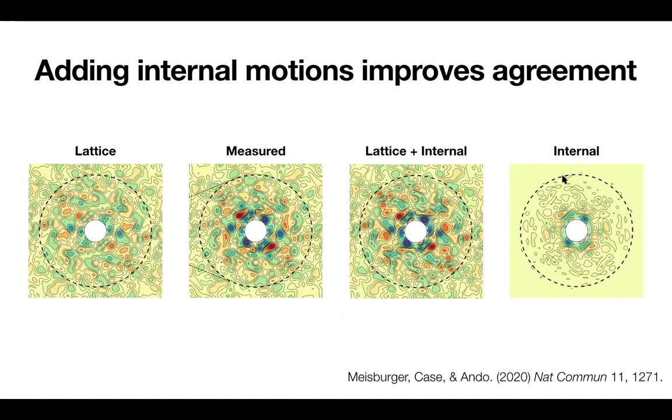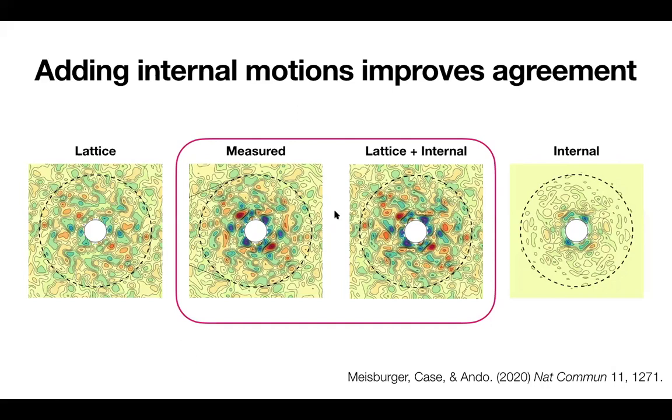So adding those two together, now we get this map. And I think I could convince you that this is now starting to look a whole lot like what we measure. So you can say, okay, once we've added in this internal motion, now we're getting pretty close to the actual measurement.